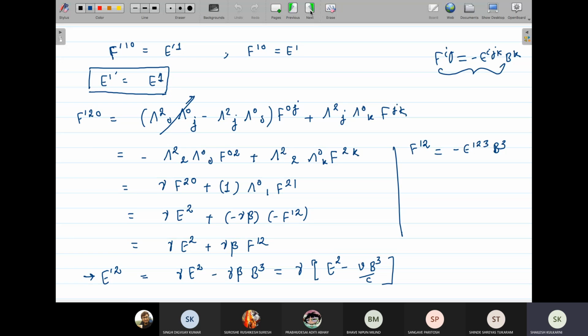Now your job is to take the exercise and find the transformed electric and magnetic field, for a general velocity boost.